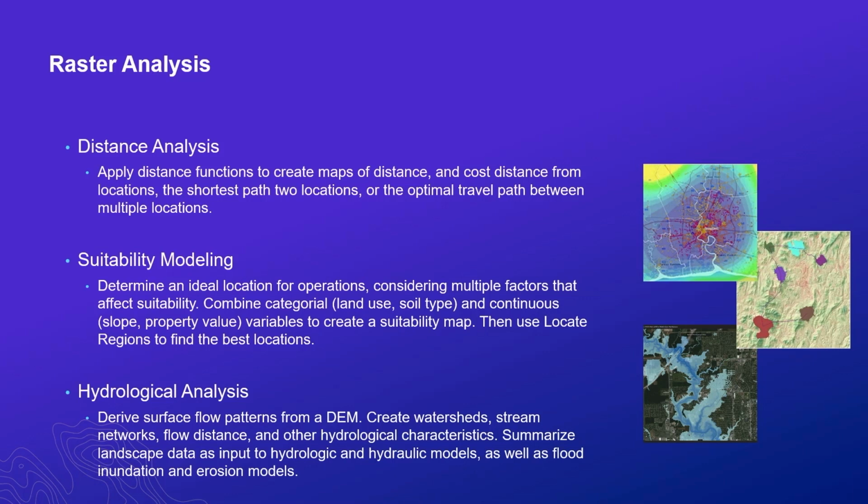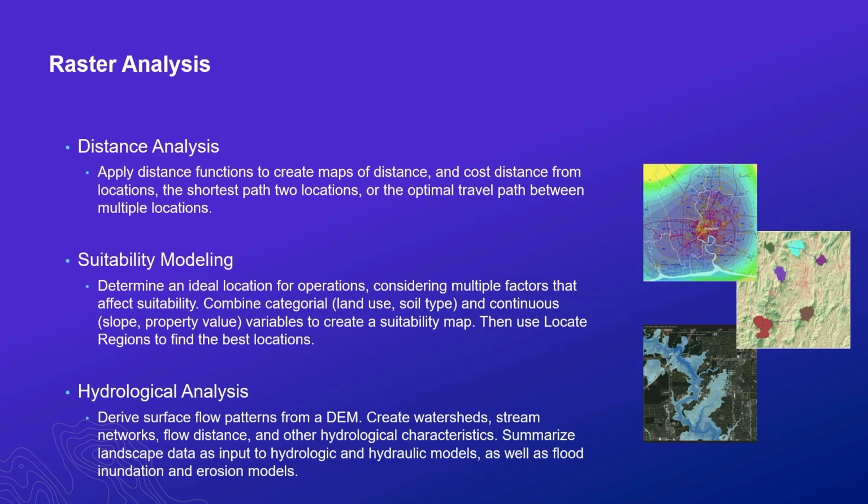Sometimes you can find distance along the slope. You can also do cost distance. Why do you do all these things? Because you want to find the shortest path between two locations, or sometimes you want to find the optimal path between multiple locations.